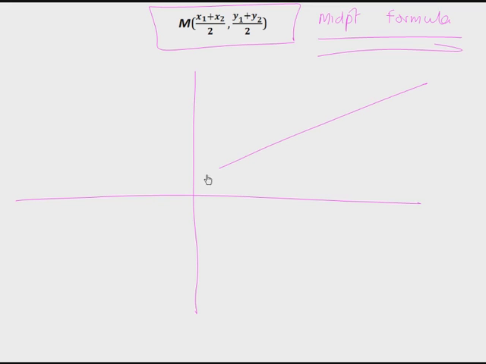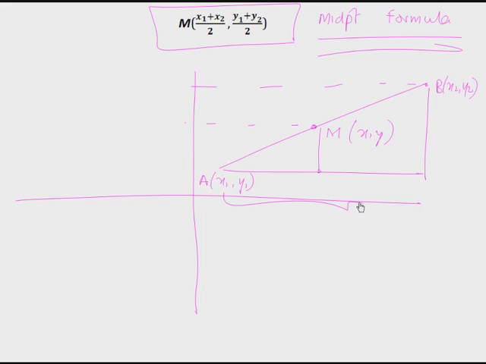So I'm given a point A, x1, y1, and I'm given a point B, x2, y2. And I have to find the coordinates of the midpoint, which I'll call x and y. Let's again construct these values. So I know the entire distance A to B is x2 minus x1.